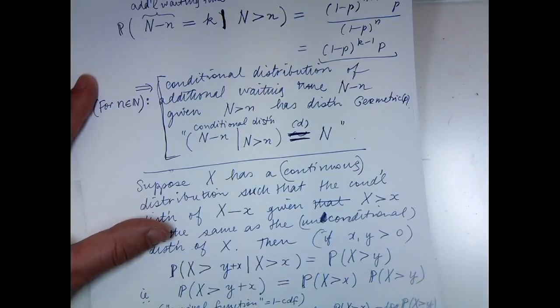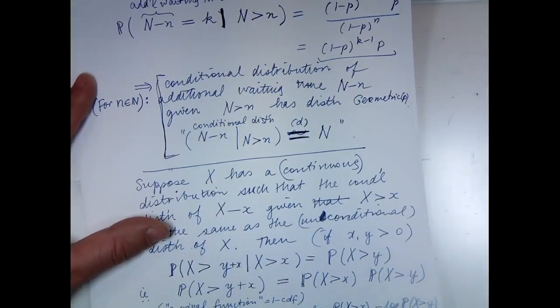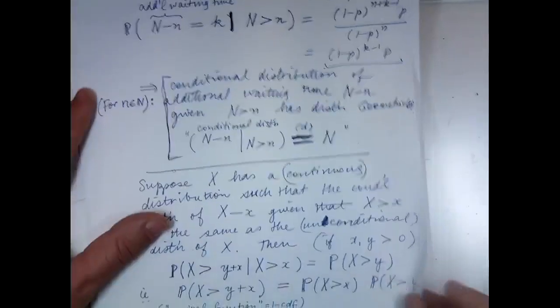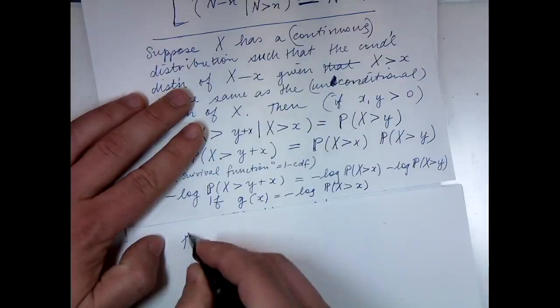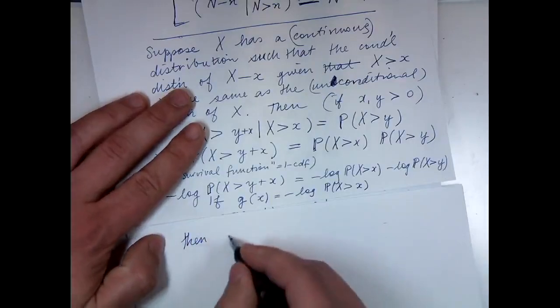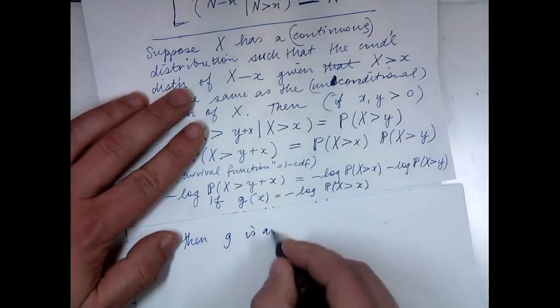Let's give this function a name. I'm not going to use f because that's often the density function, but if g of x is minus log probability of X greater than x, then this function g is an additive function.